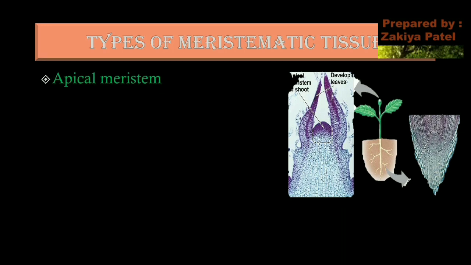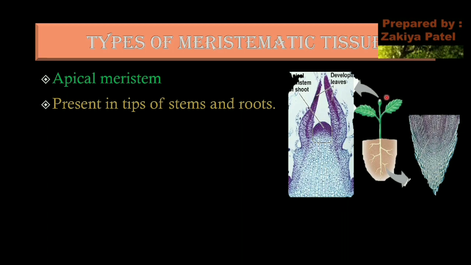It is also called apical meristem. Apical meristem is present in the tips of roots and stems. You can see over here the apical meristem is present in the roots, in the tips.